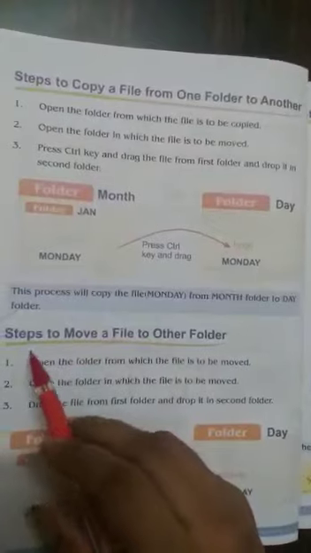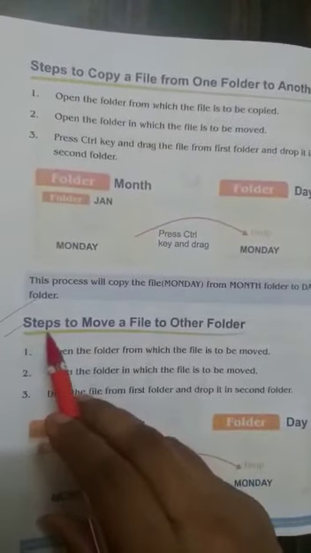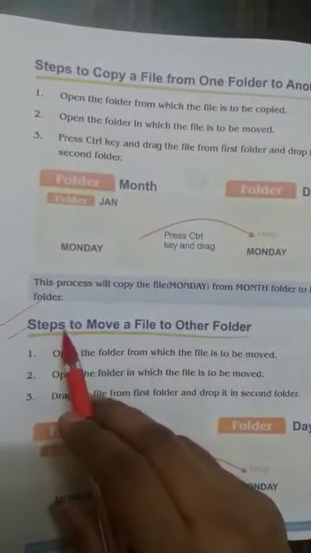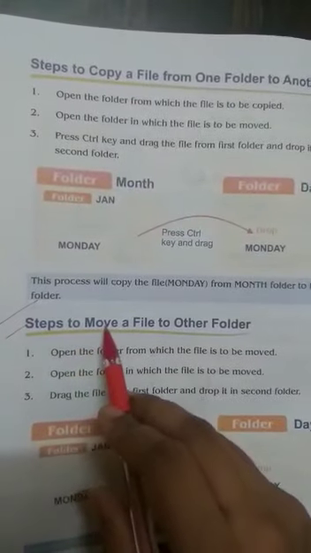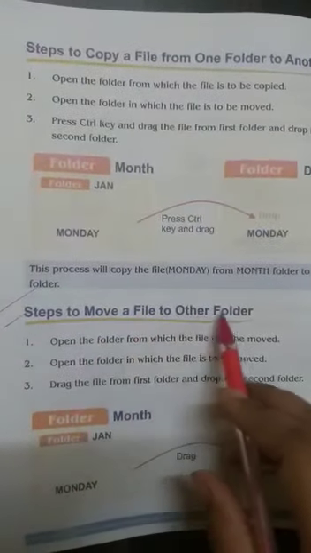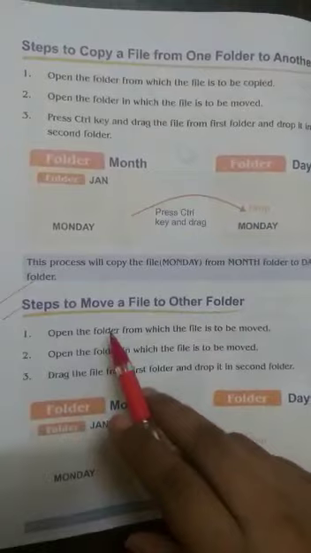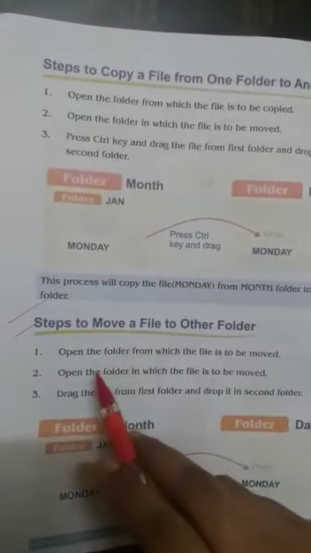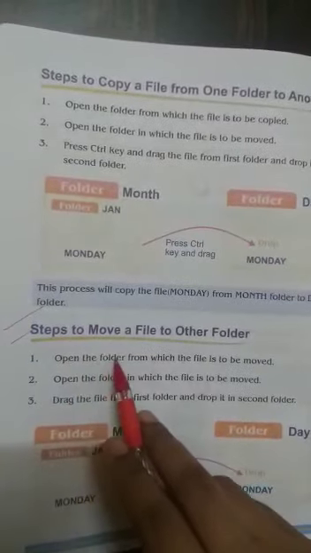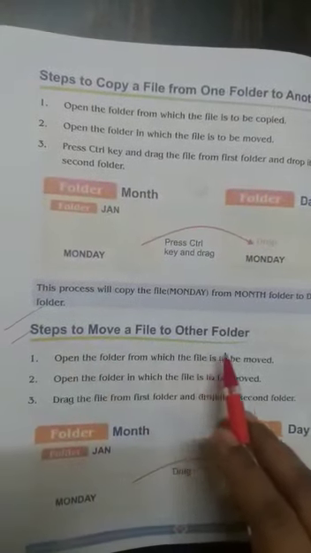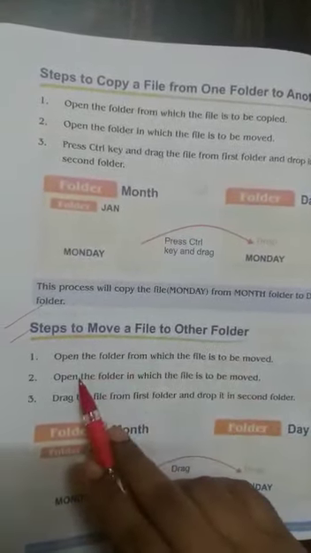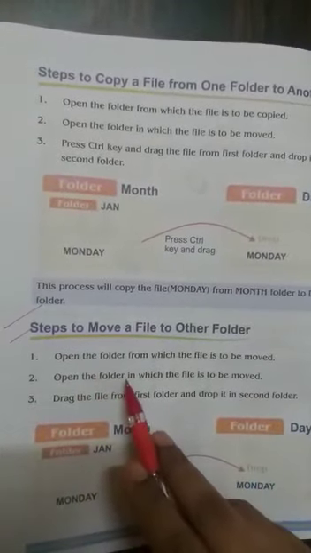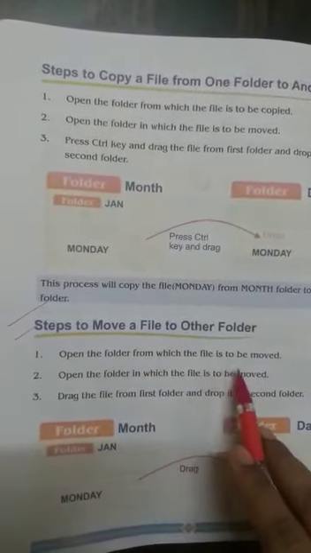Alright. Now we are going to start the next topic, that is steps to move a file to another folder. Children, this is also the same, only one point is different. First of all, you have to open the folder from which the file is to be moved, and after that you have to open the other folder in which the file is to be moved.